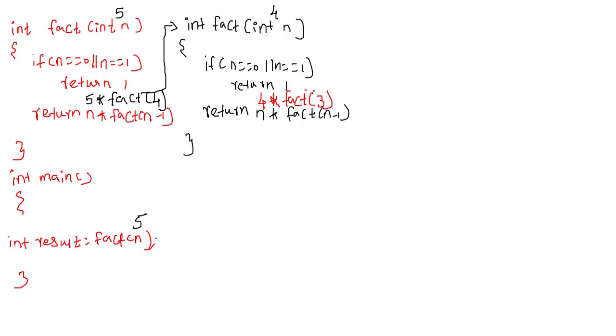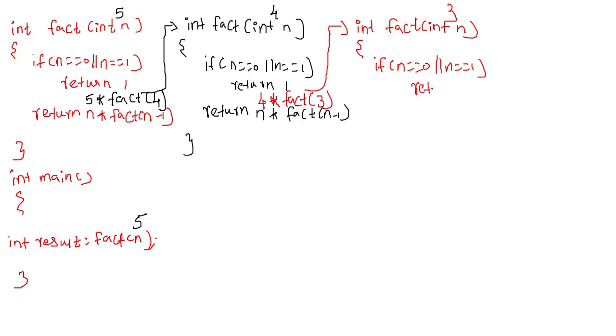Again I have to call a recursion. So the same function will be called once again. But this time the value of n will be 3. So I have to check the condition. If n equal to 0 or n equal to 1, the condition is false.